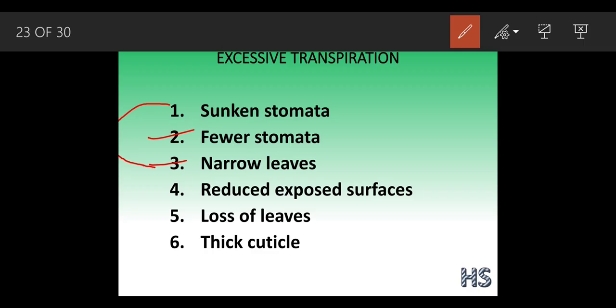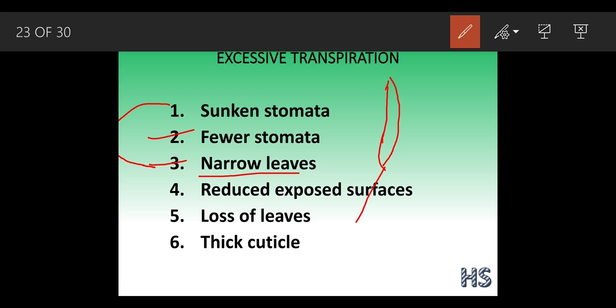See, what is going to happen in nerium? These leaves become quite narrow like this. So what is going to happen?